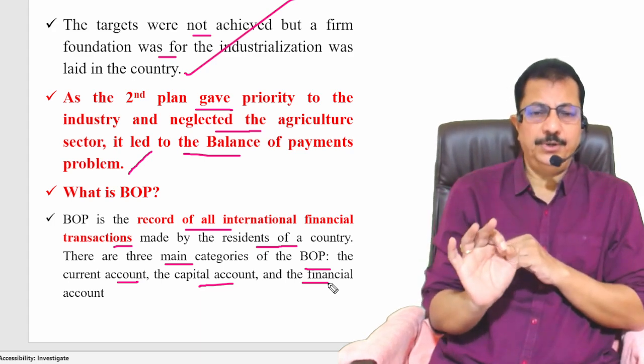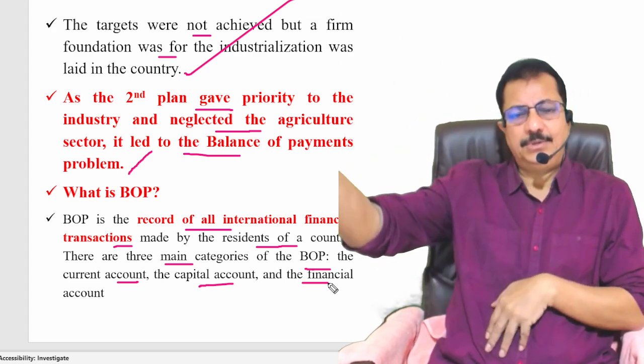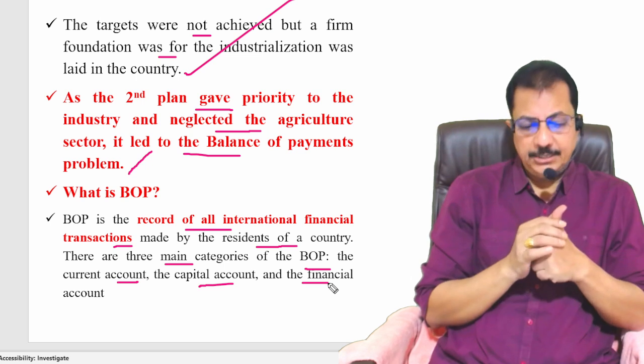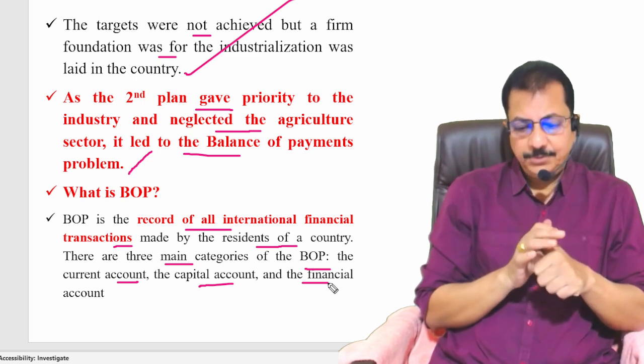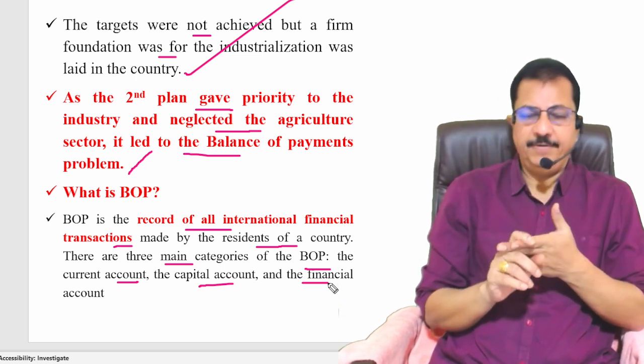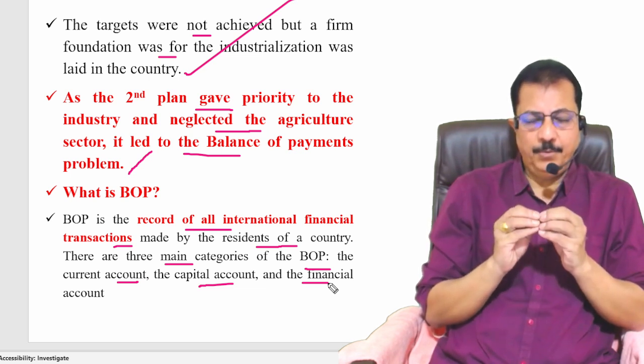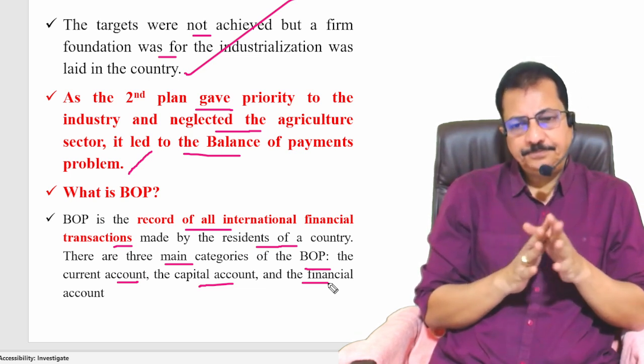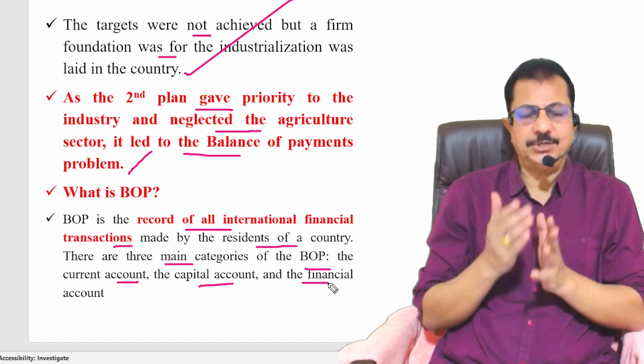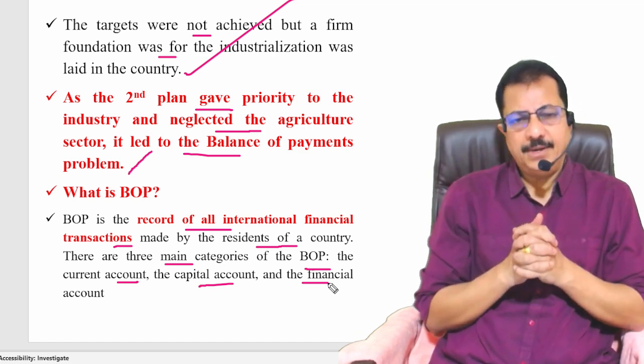Just write down these points. When we discuss industry, I will give you more details on the current account, capital account, and the financial account. Am I clear? But when it comes to the BOP, this is considered to be the total transactions between the residents of a country.